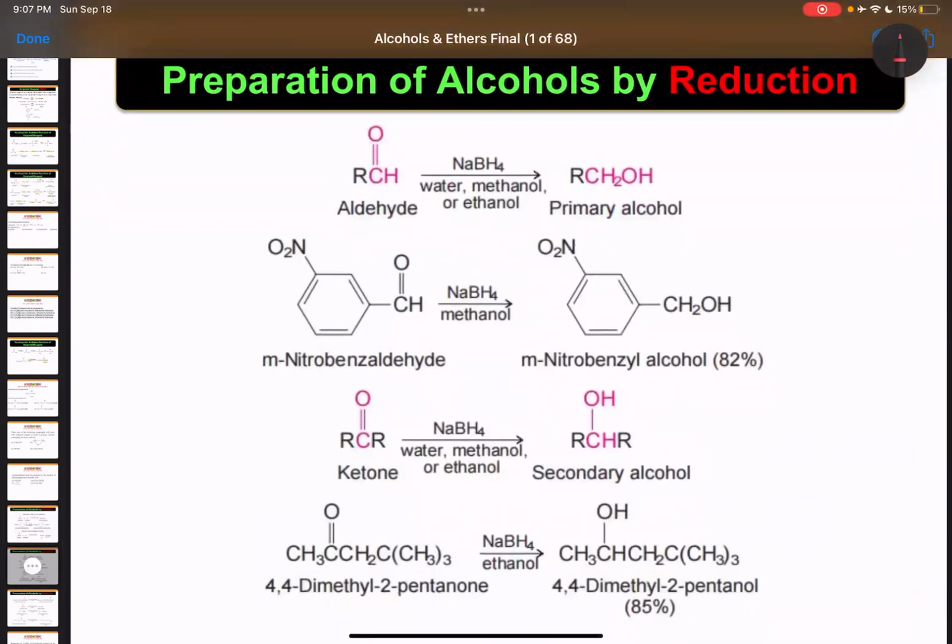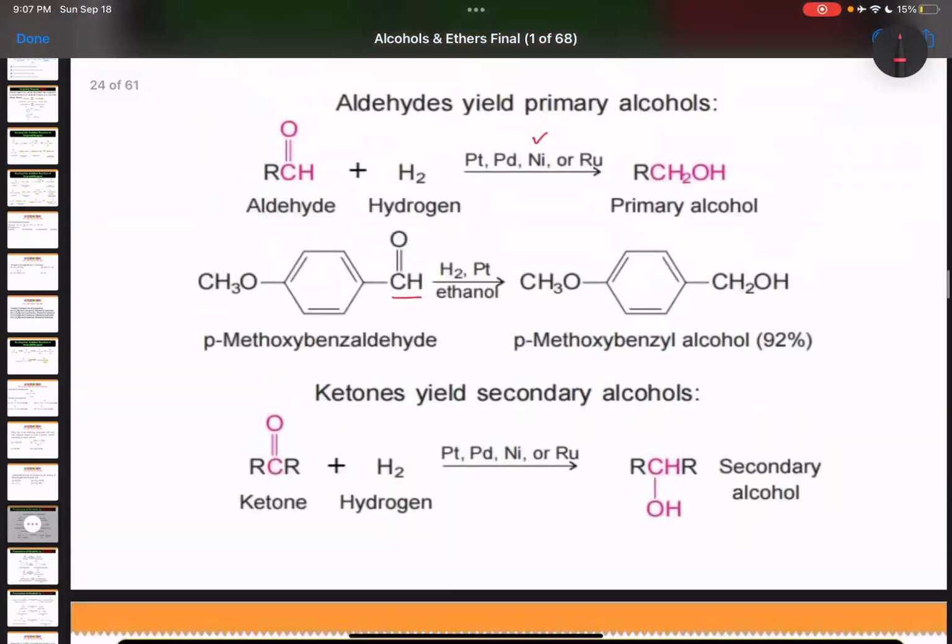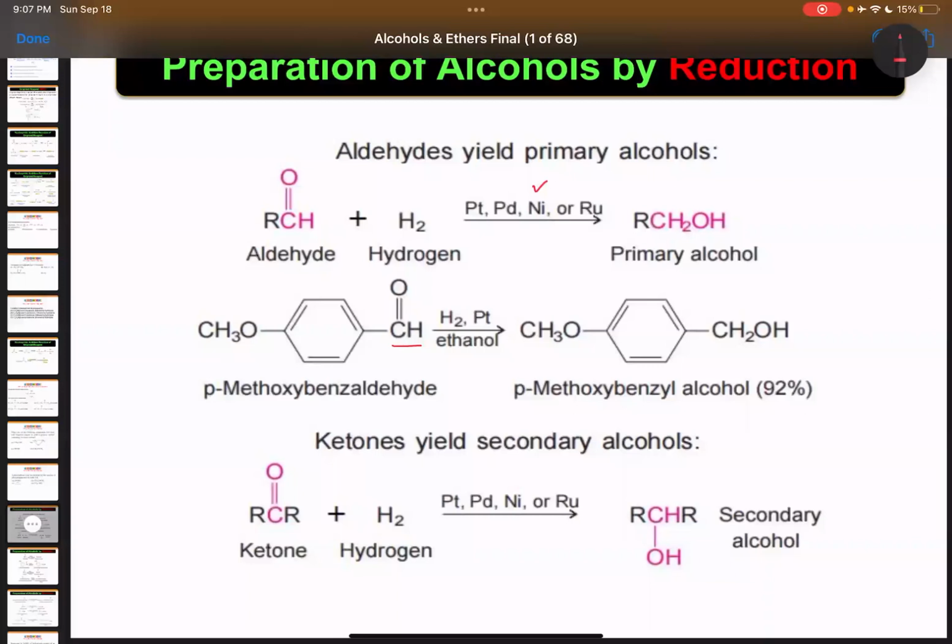So there are two types of reducing agent. One is catalytic hydrogenation reaction.